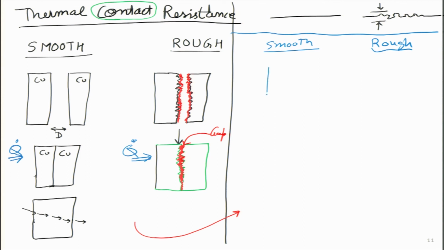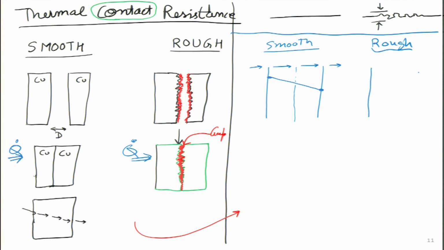Now, if everything is copper and everything is smooth, there will only be some small line in between and heat will go very nicely through here and through here from the left side to the right side. And what will be the temperature profile? It will be very smooth and linear, right, because there is no air gap and every surface was very smooth.